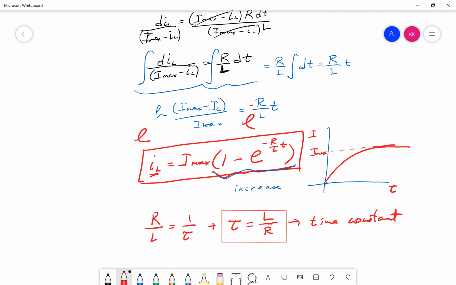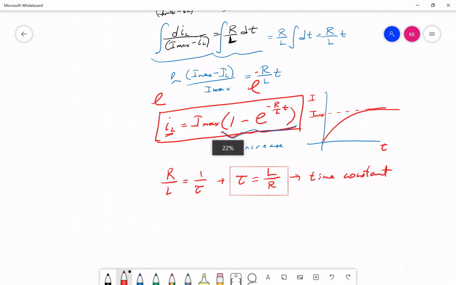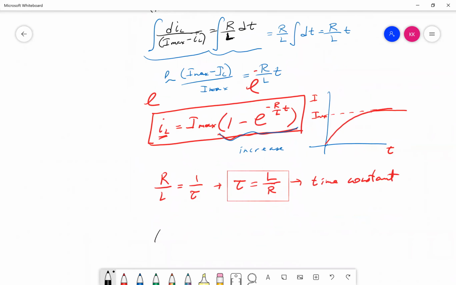So I can rewrite this equation as IL equals Imax times (1 minus e to the negative t over tau).